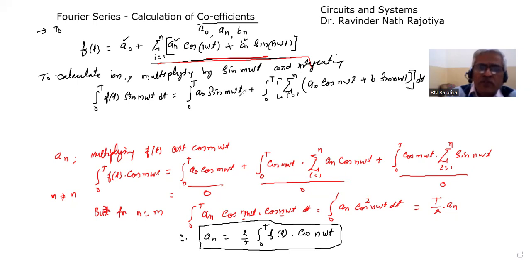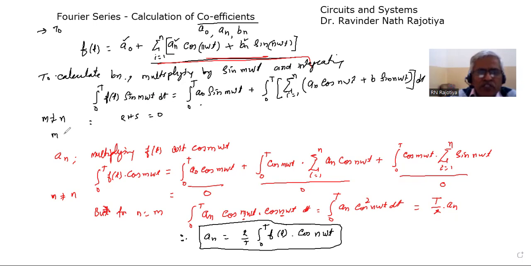So again, for m not equal to n, the right hand side will be equal to 0.